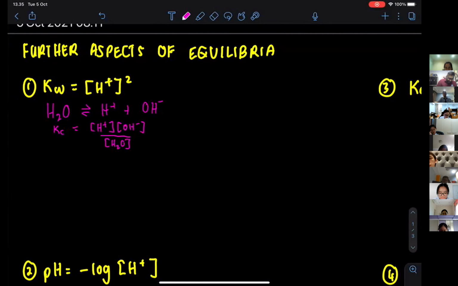It becomes a special type of writing: we no longer use Kc, we use a special name, Kw. Kw is concentration of H plus times concentration of OH minus. That is the reason why we have this.